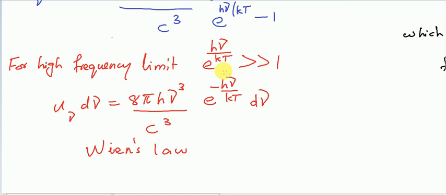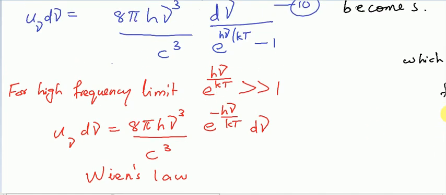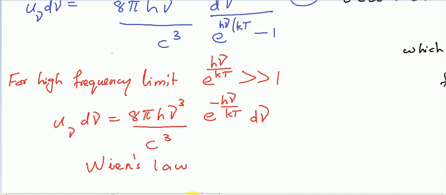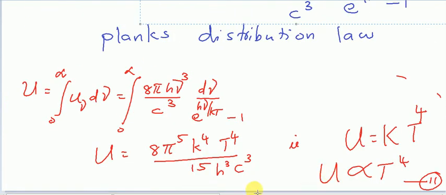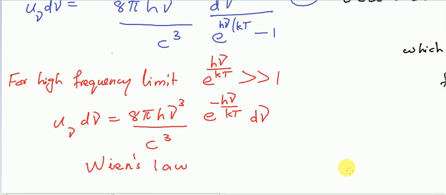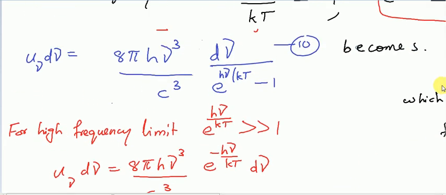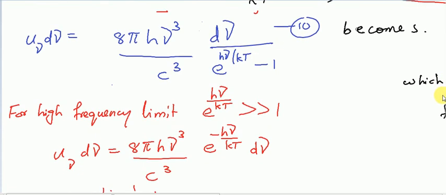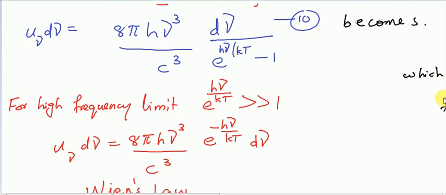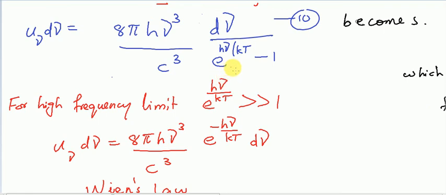Substituting this in equation number 10, that is Planck's distribution law, the value e to the power h nu by kT is in the denominator, and as that factor is very much greater than 1, we can neglect the 1 in comparison with the exponential term.